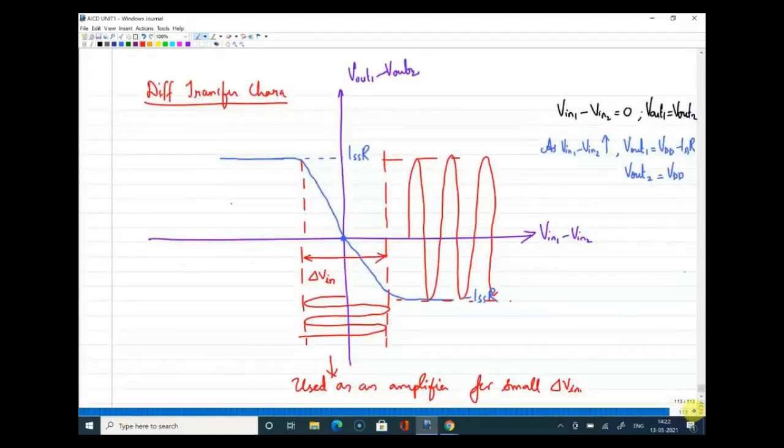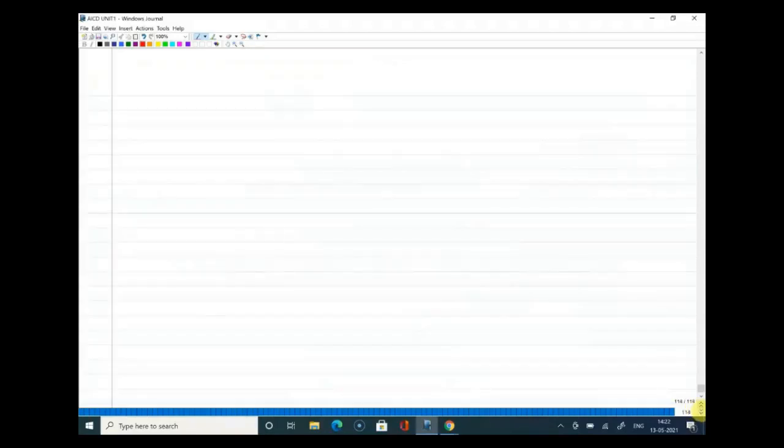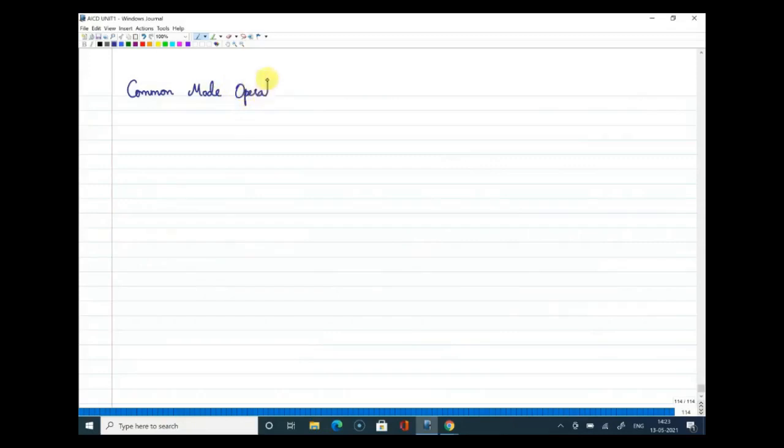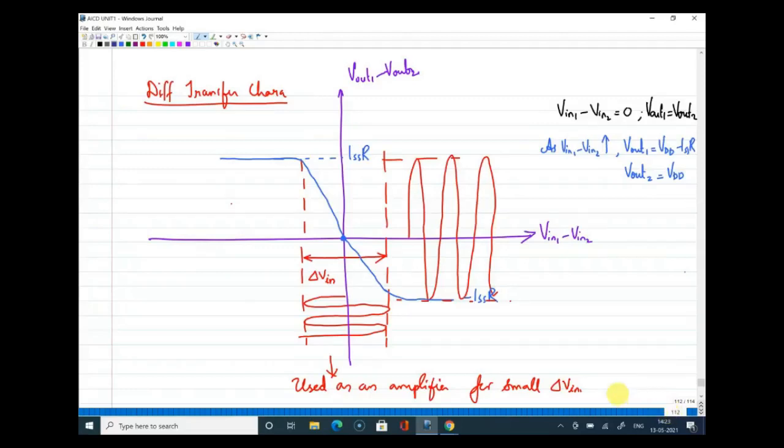Now, in today's class, we'll continue this and we will look at something called common mode operation. So, for a differential amplifier, there are two things to understand. First, we have analyzed the circuit with the large signal behavior, and we realize that when your differential signal is small, there is a chance of amplification, and you will get linear amplification, and that is what we saw from yesterday's transfer characteristics of the diff amp.